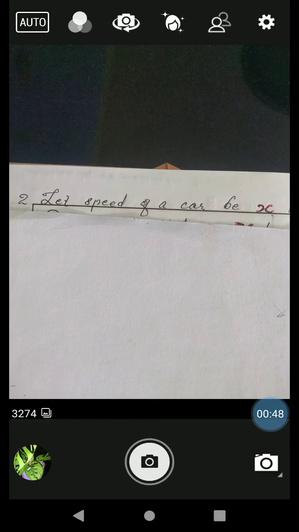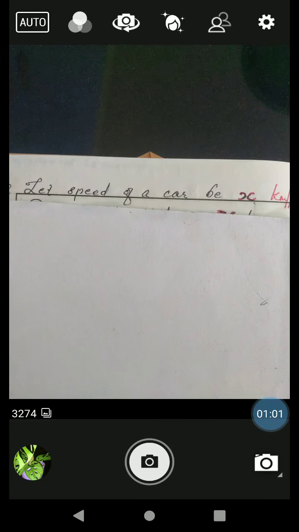In this question, we are going to find the speed of the car. So we can start. Let the speed of the car be x kilometer per hour. Okay. And once again you have to read the question.